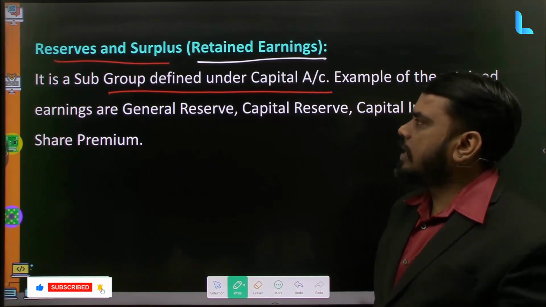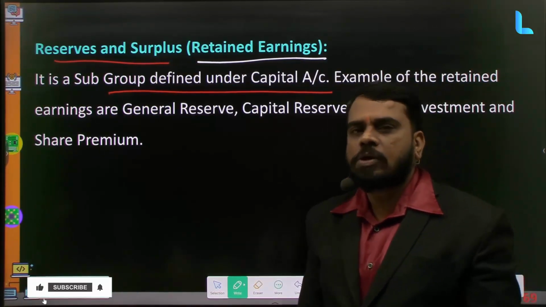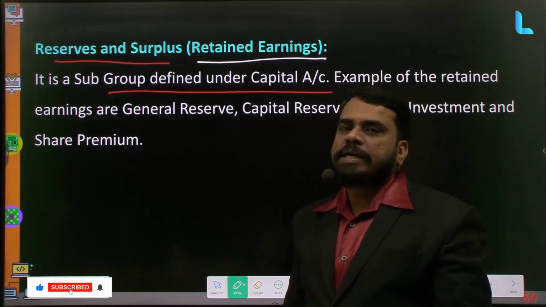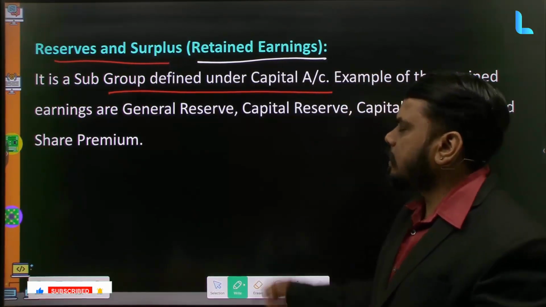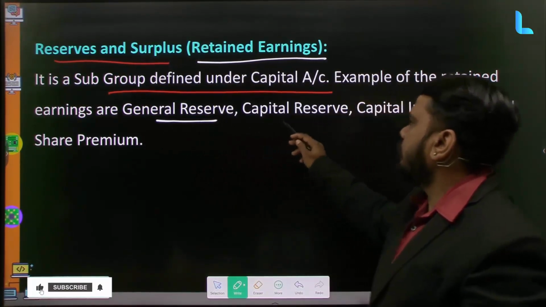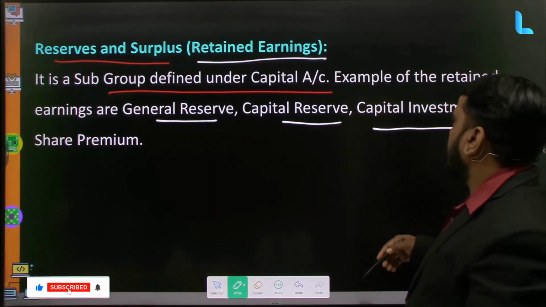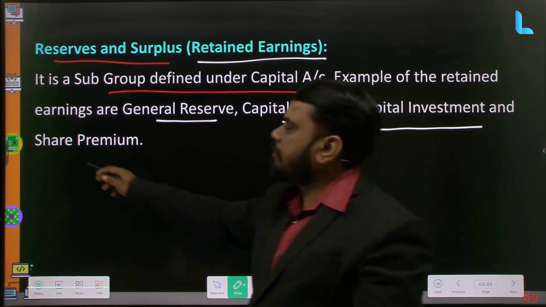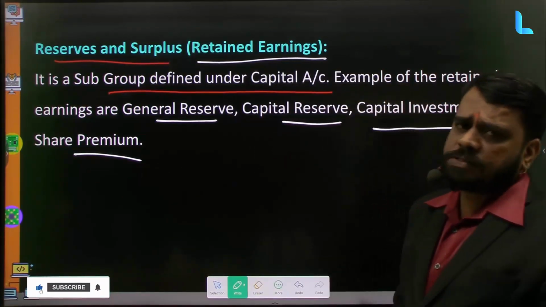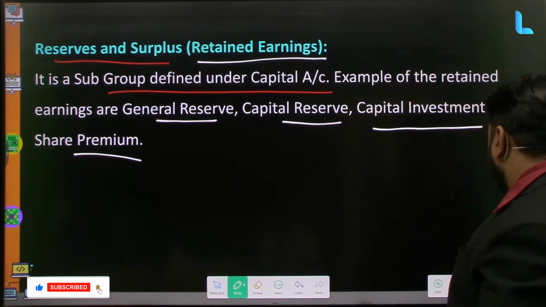This is called reserves and surplus, or popularly retained earnings. Examples under this are general reserve, capital reserve, share capital or capital investment, and share premium reserves. These are the most common examples.